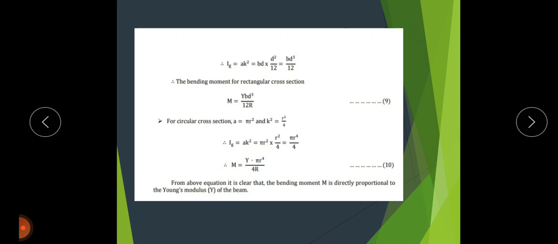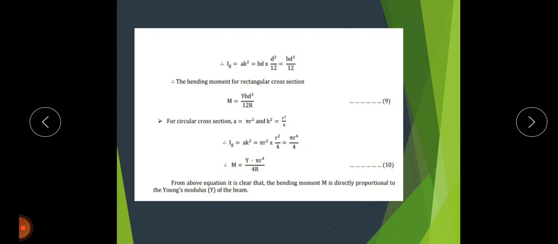If the extensions and compressions of its filaments are smaller, then we get a higher value of the Young's modulus for the material of the beam.